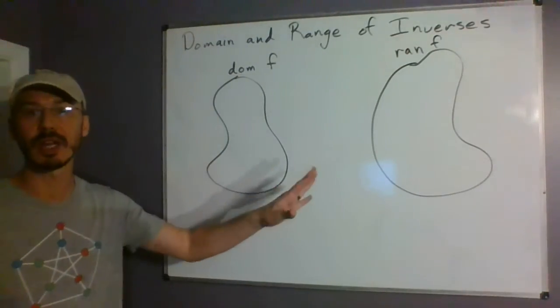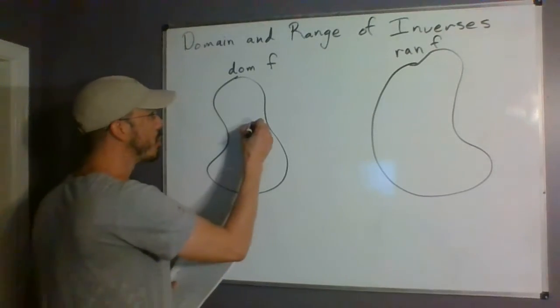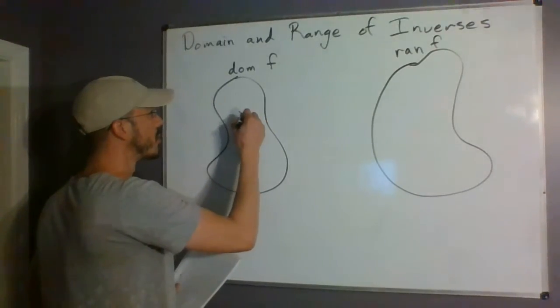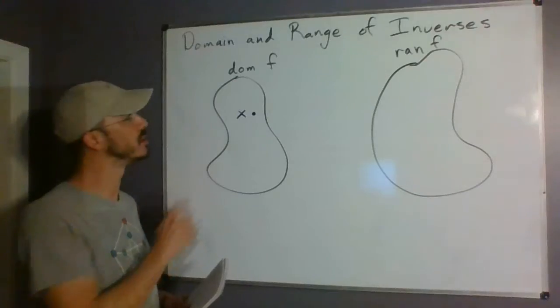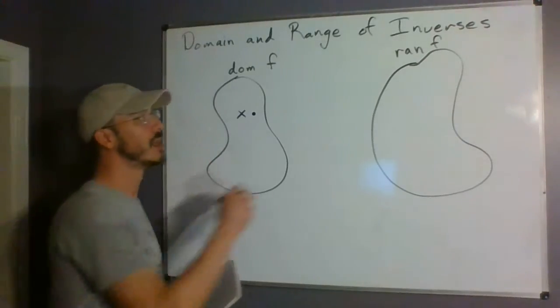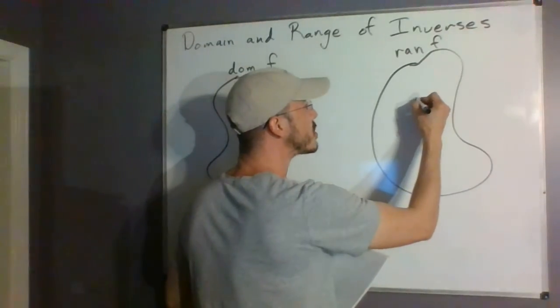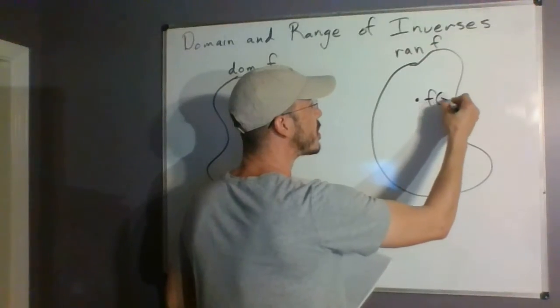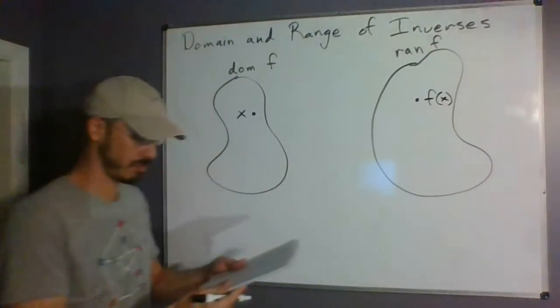So domain and range. And if I have a point x in the domain, then somewhere in the range there's a point f of x.